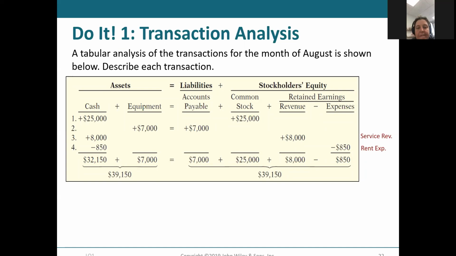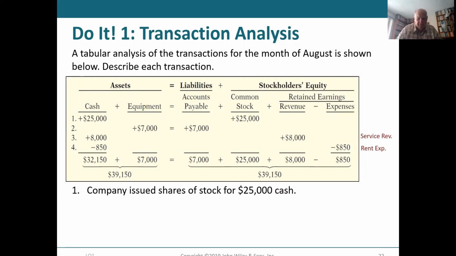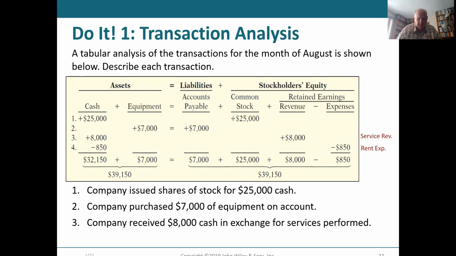So we just say to record expense, to record telephone bill. So we're going to get in the habit of using descriptions for transactions. And here's the descriptions that they're talking about. You see how short they are? To me, they're even too long. First one, to record stock issue. Second, to record purchase. Here they're giving you very detailed descriptions. That's up to you when you get out into the work world.